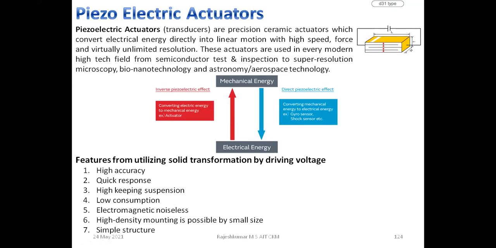A piezoelectric actuator is generally a ceramic actuator which converts electrical energy into linear motion with a maximum amount of speed, force, and unlimited resolution. Generally, these actuators are used in modern high-tech fields, such as semiconductor testing, microscopy, bio-nanotechnology, astronomy, and aerospace.